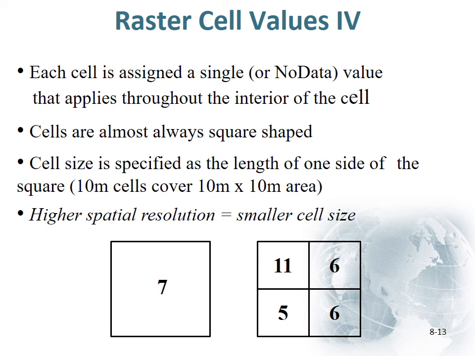Higher spatial resolution or finer resolution is a smaller cell size. The lower cell size information is also known as more coarse. So if you're comparing any two given raster data sets, one may be coarser with a larger cell size, one may be finer with a smaller cell size.